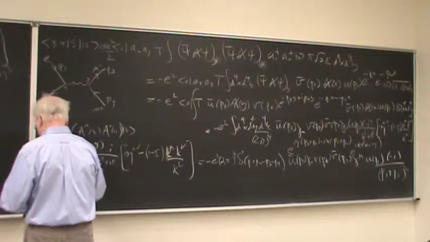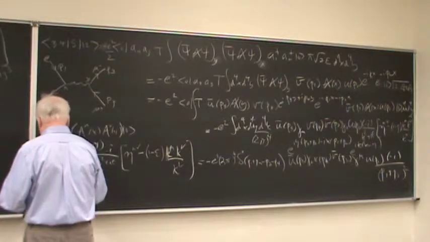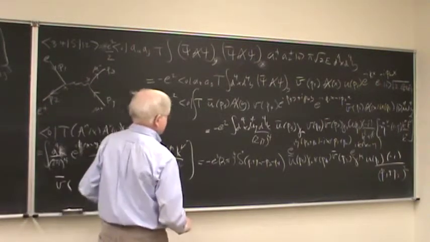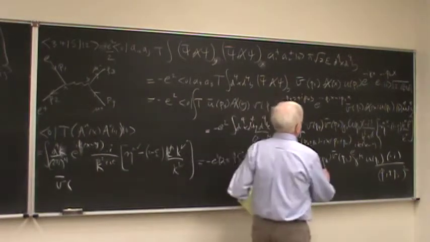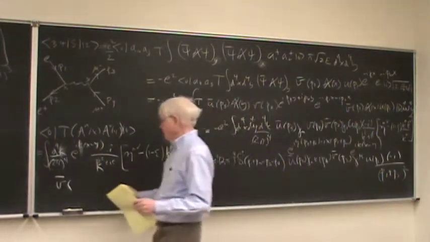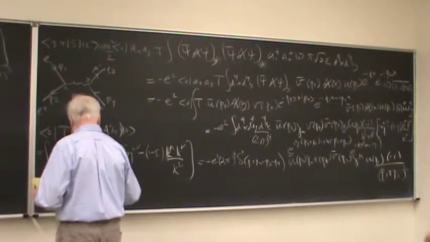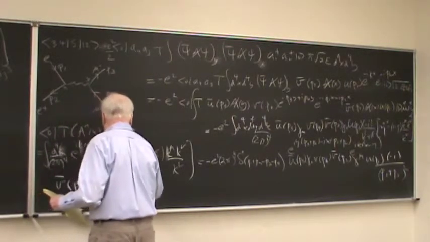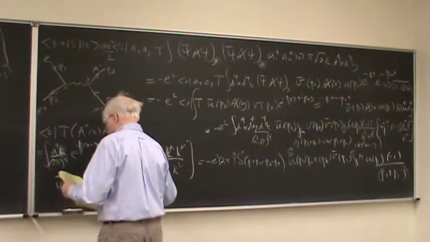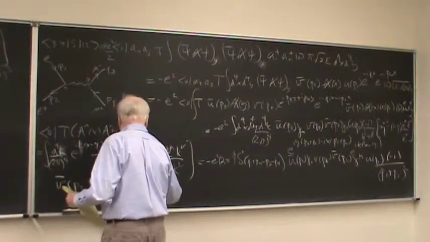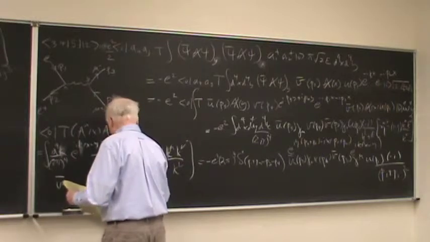Let's do the v bar. Which one was p1 and p2? Okay, v bar p2, and then gamma nu, and then we would have p plus q nu u of p1. Actually, it's p1 plus p2.